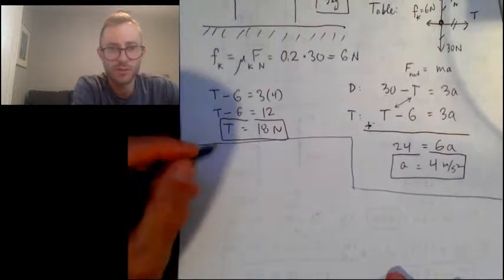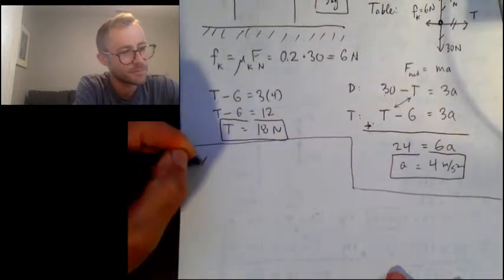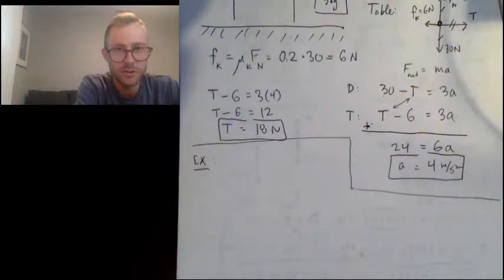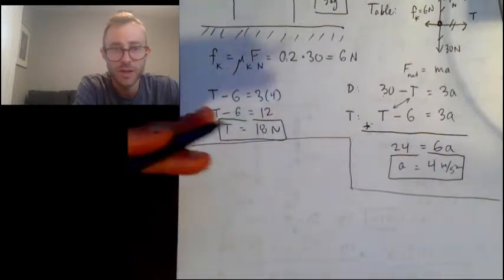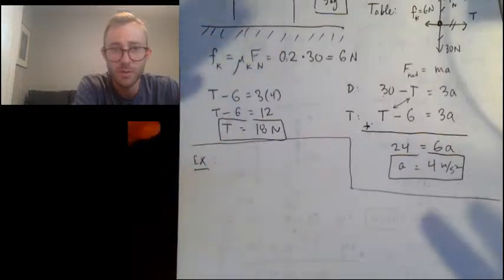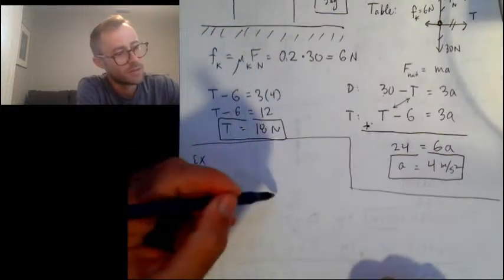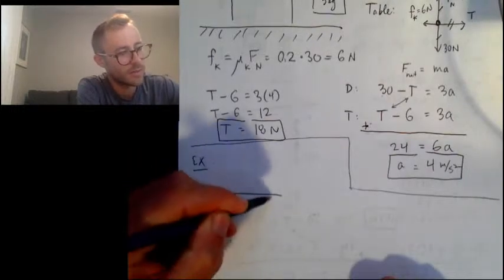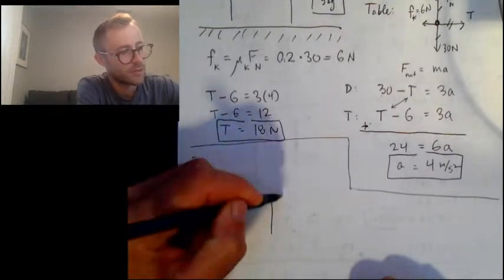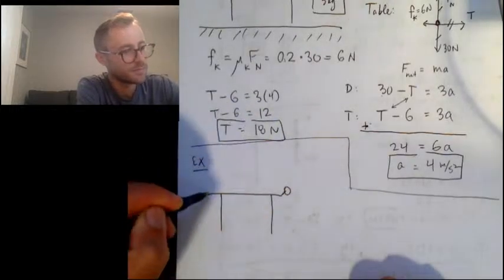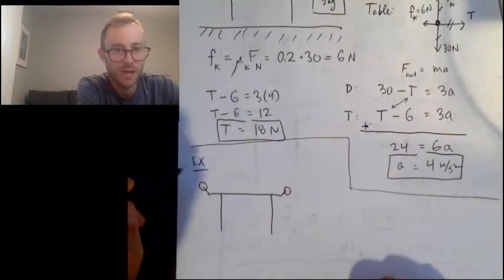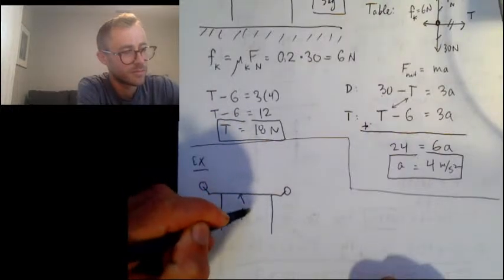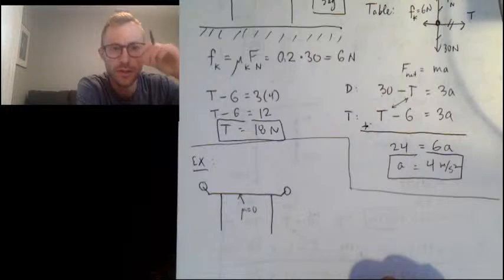So we're going to do one more example here. What I want to do with this example is show you how you would analyze this if there were three masses. So what if we had a table, and that table has two pulleys, one on each end. This is going to be a frictionless, smooth table, so friction is not going to play a role.